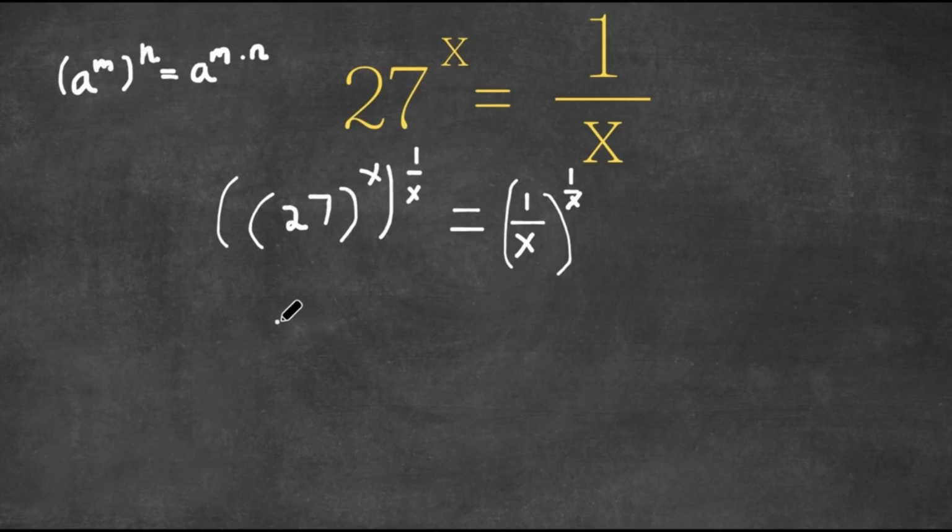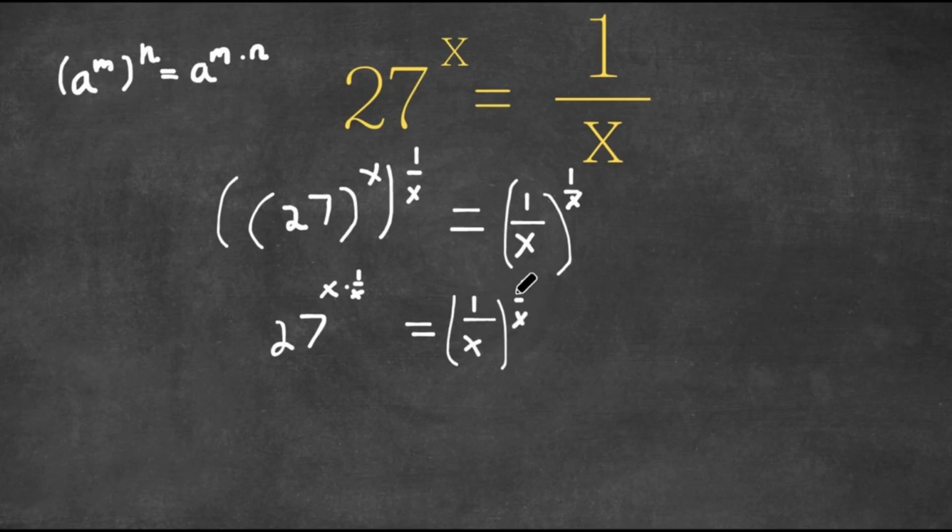So this is equal to 27 to the power of x times 1 over x, and this is still equal to 1 over x to the power of 1 over x. Now, x times 1 over x, well, that's simply just 1. So we have 27 to the power of 1, which is simply just 27, equals 1 over x to the power of 1 over x.